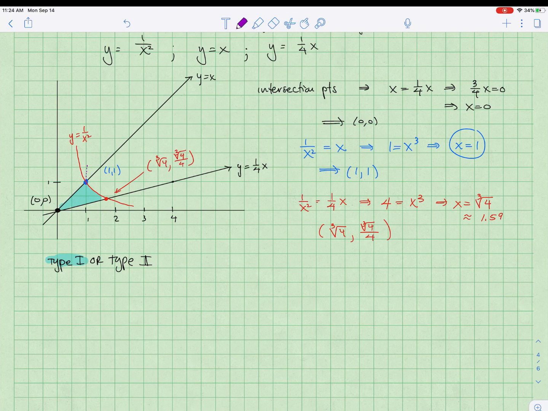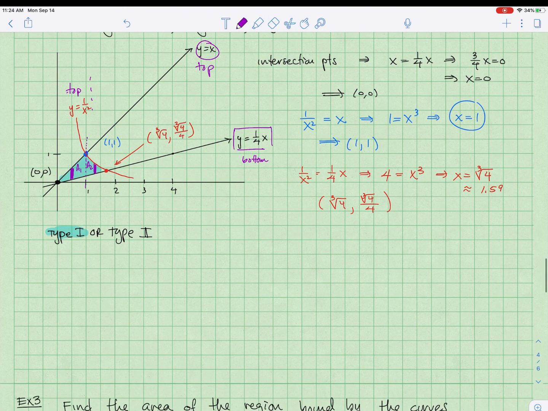If I'm going to do a type 1 region, then I'm going to have to use vertical approximating rectangles. And if I do that, I'm going to have to break it up into two regions, area 1 and area 2, because while the bottom curve in both regions is y equals 1/4 x, the top curve that defines these regions changes.